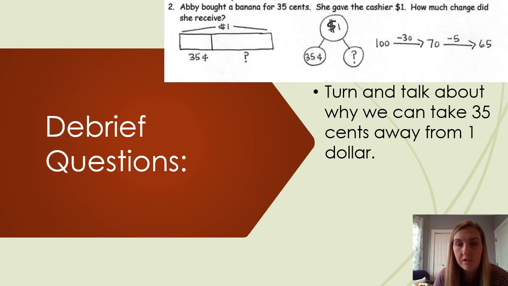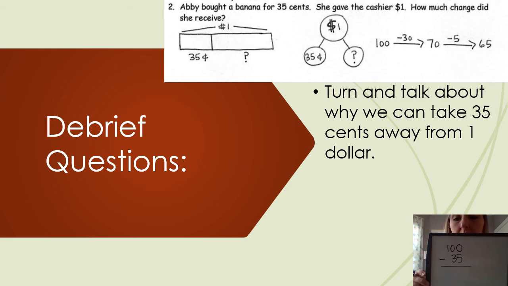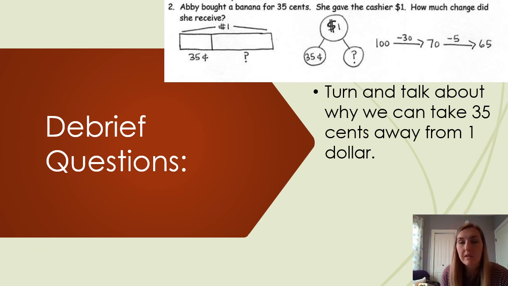So we can change this to 100 minus 35 cents. And then we would need to unbundle our units to be able to subtract 35 across the zeros, or you can count up from 35 to 100.